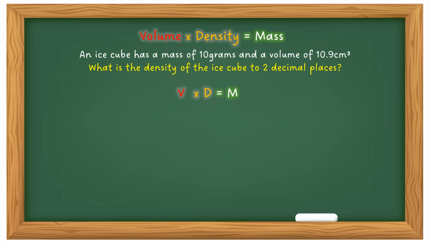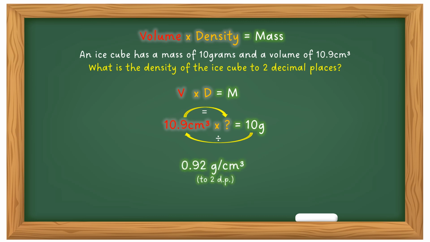So you take the numbers, remember the numbers tell the story. You take the numbers from the question and slot them into where they fit within the formula. So you can see there 10.9 multiplied by something equals 10 grams. Okay, so all you do is work in reverse. 10 divided by 10.9 equals the answer.